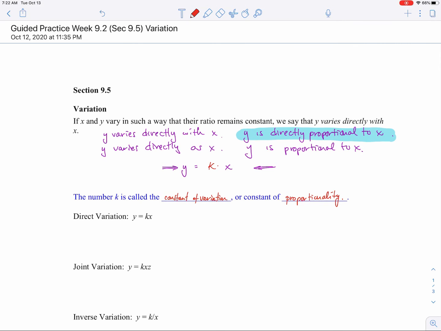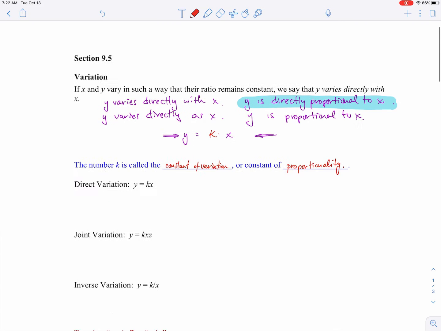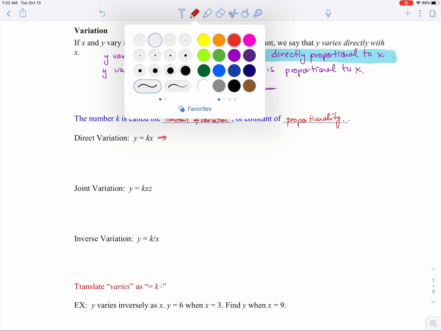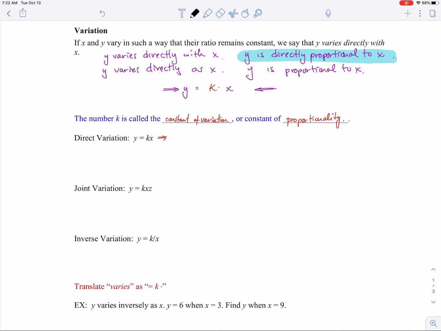So when we say direct variation, as we stated above, you'll see some statements like y is proportional to x, or y varies directly with x. And that equation is just y equals kx.